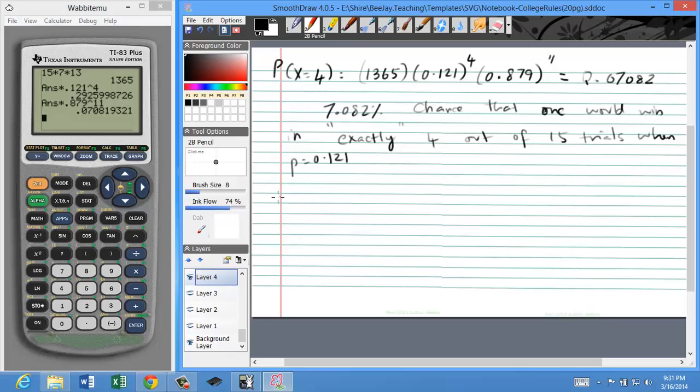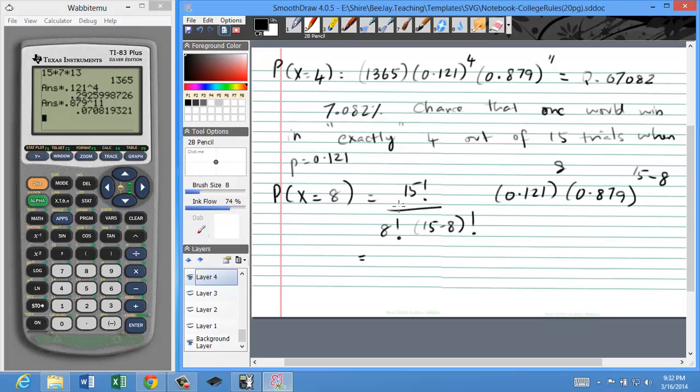In a similar manner, if I want to find probability of X equals 8, then all I have to do is change my formula. Everywhere I have 4, I replace it by 8. So I have 15 factorial over 8 factorial times 15 minus 8 factorial, multiplied by 0.121 raised to 8 and 0.879 raised to 15 minus 8.